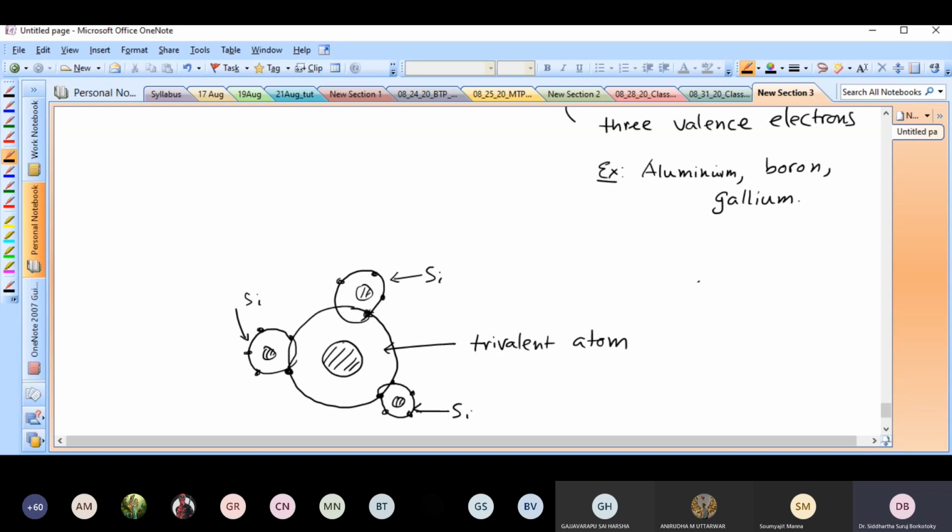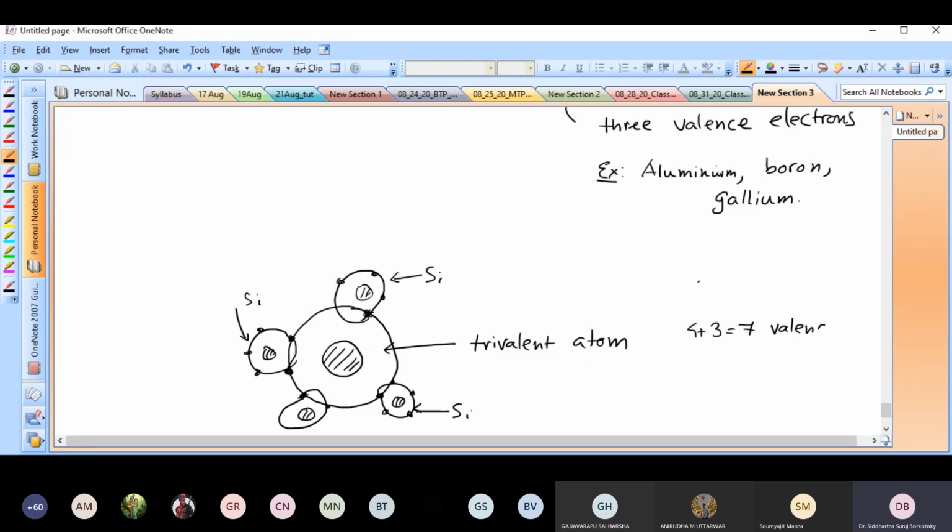So what happens here is that it gets 4 electrons from 4 silicon atoms. Then it has 3 of its own valence electrons. So what you have is 4 plus 3, 7 valence electrons.